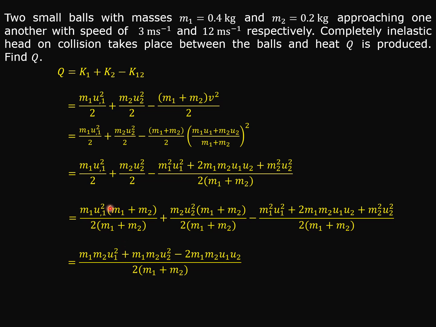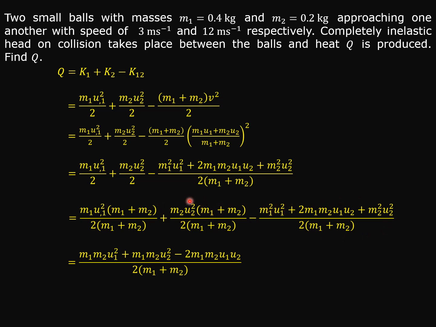Please look, we can check. You see the first term, m1 u1 squared times m1, gives m1 squared u1 squared. So this would be cancelled with the first term of the numerator in the third term. So this one and this one cancel.